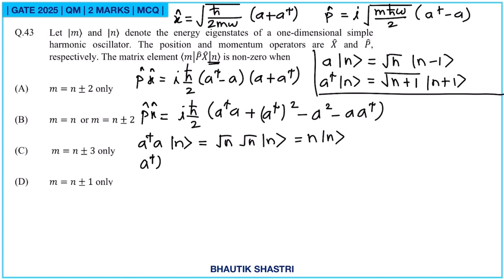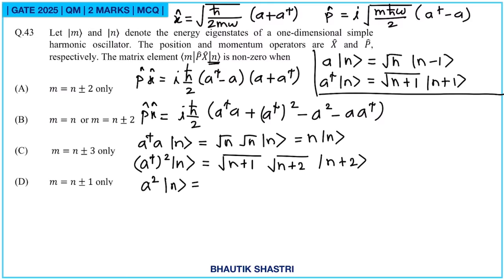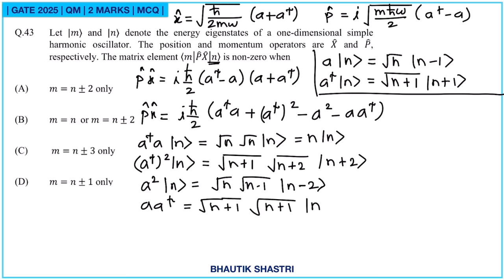Second term, a dagger square operated on |n>, that will be root n plus 1 and again root n plus 2, so root (n plus 1)(n plus 2) |n plus 2>. Next, a square operated on |n>, so that will be root n(n minus 1) |n minus 2>, and last a dagger, that will be root n plus 1 |n plus 1> operated on |n>.